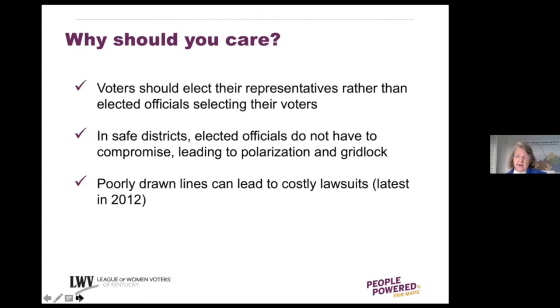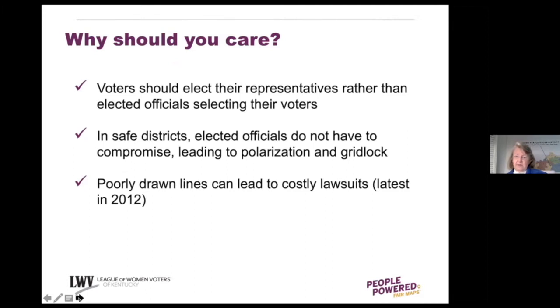Why should we care? Well, for one thing, once these district lines are in place, they will be in place for 10 years. So the district boundaries that are set in the next couple of months will be in effect until the 2030 census data is available.